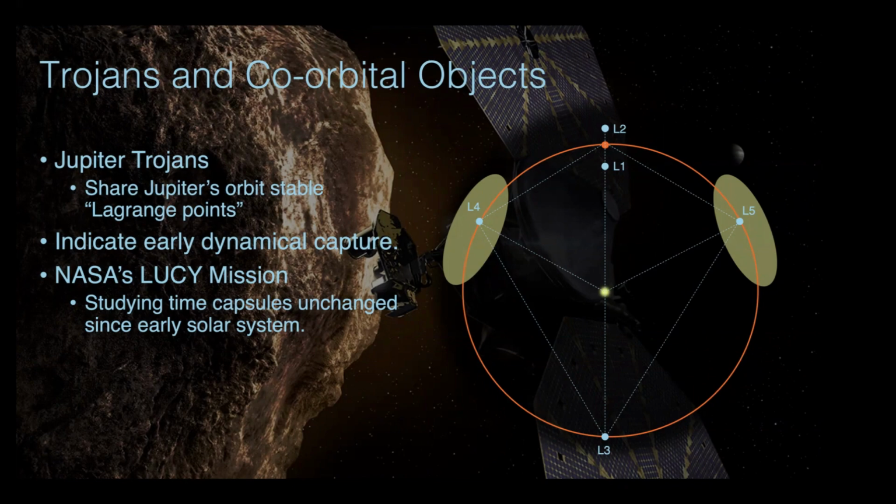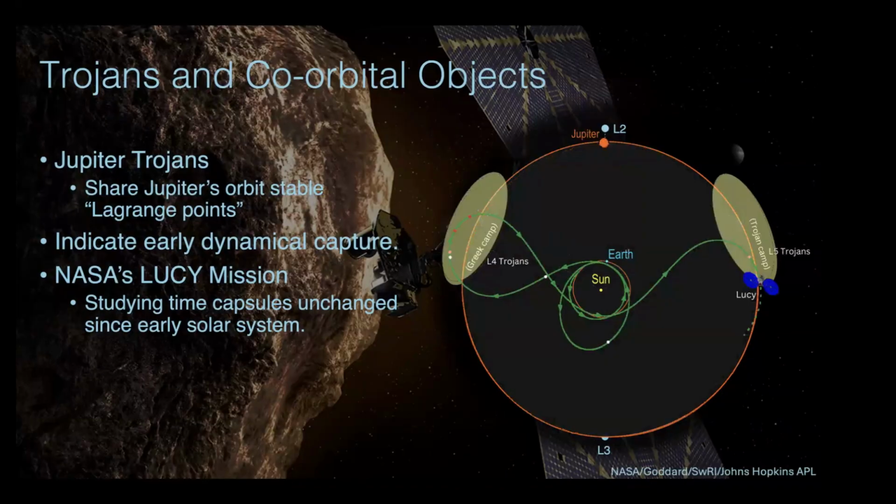And NASA's Lucy mission, which is led by one of the Nice model progenitors, Hal Levison, is on its way out there to go observe 5 asteroids on either side of Jupiter's orbit. That's in the next coming years. This is its trajectory. So it's going to have to fly across the solar system to go see these different asteroids.